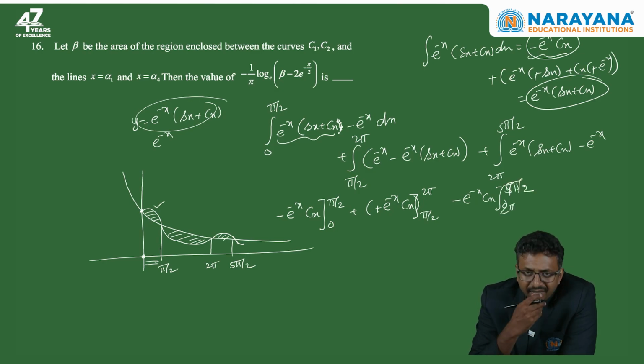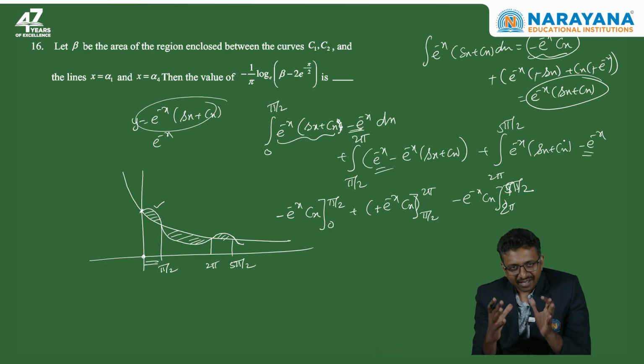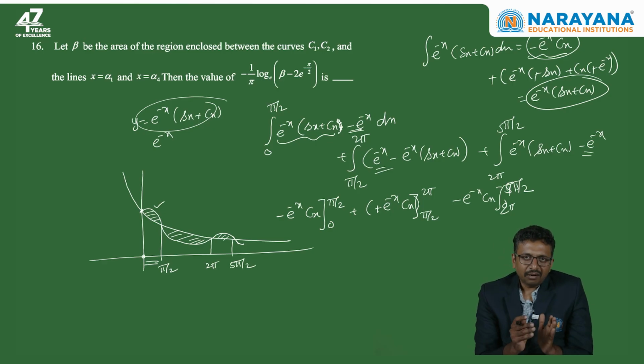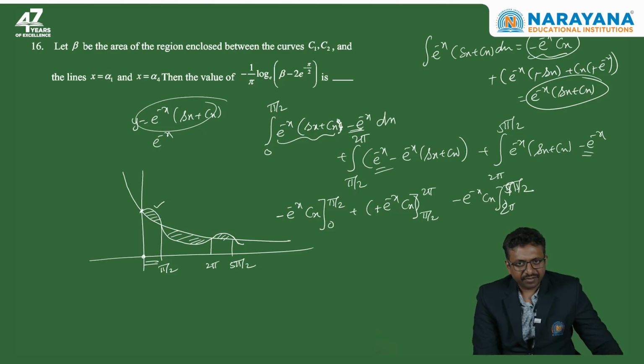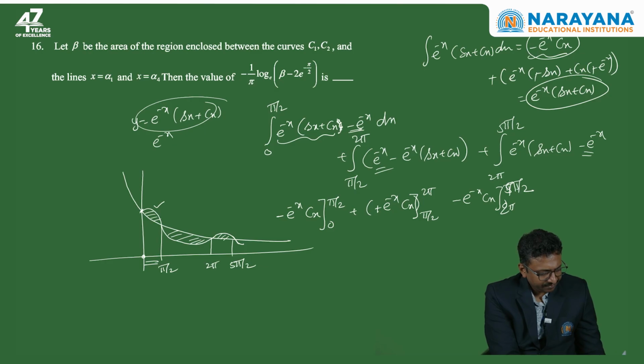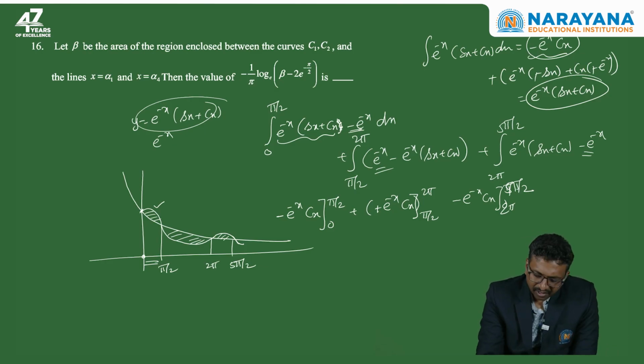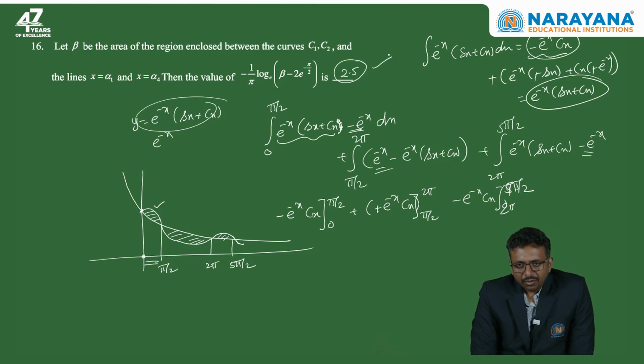This is one part, and the other part is the integrations of e power minus x. So if you take all this and do it properly, your answer will look like the form that is given in the options in the question. So you have to compare and get the value of this, right? If you do everything, you are going to get the value of this as 2.5. So I want you to do the calculations for this.